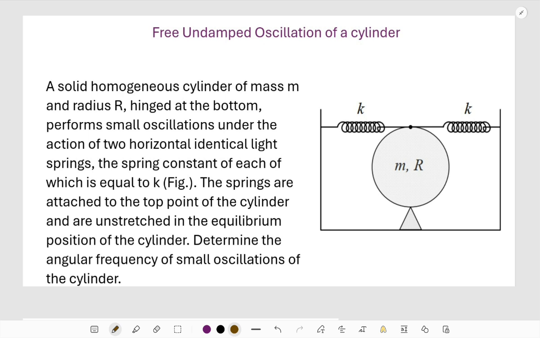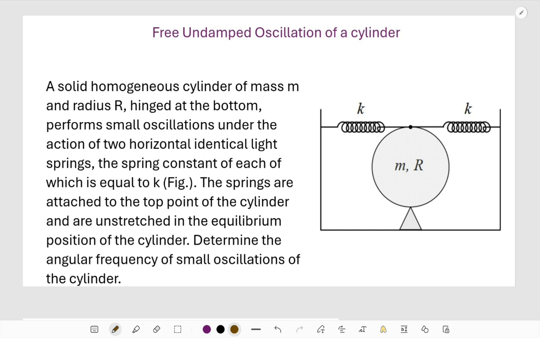And the problem says that we have a solid homogeneous cylinder of mass m and radius r, hinged at the bottom, performs small oscillations under the action of two horizontally identical light springs. You can see them in the picture.